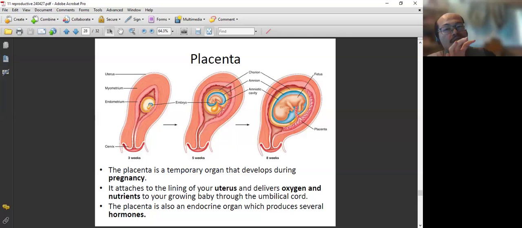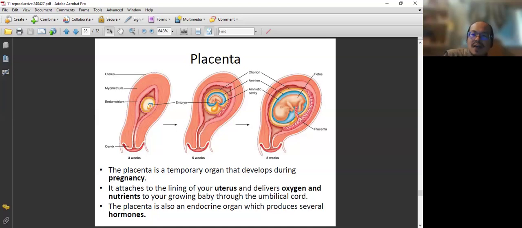You need to know that these two have totally different sets of DNA. Mother has the mother's chromosomes, the mother's genes. Baby has roughly half coming from the mother, but still not all of them come from the mother. So this baby is another organism. So it's kind of like two organisms living together.